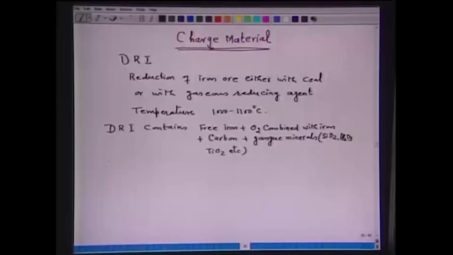Characterize means what is the quality of DRI that is being used in the electric arc furnace as a substitute for scrap. So, the quality of DRI, the first important parameter is percent metallization.